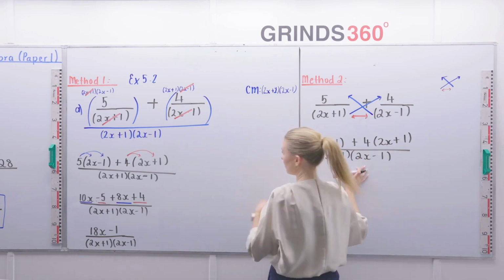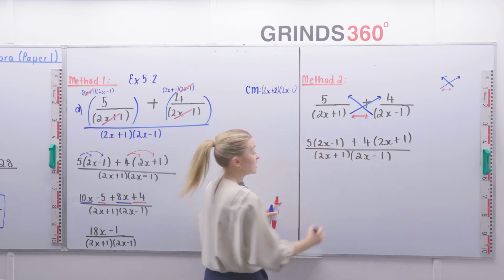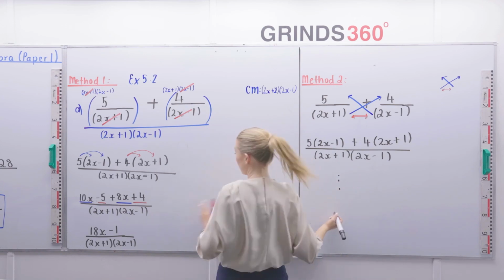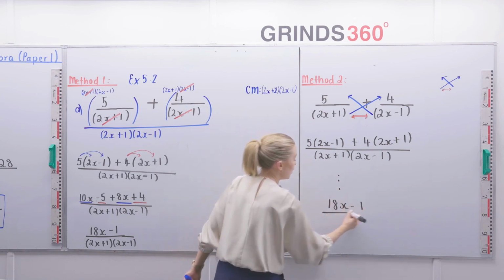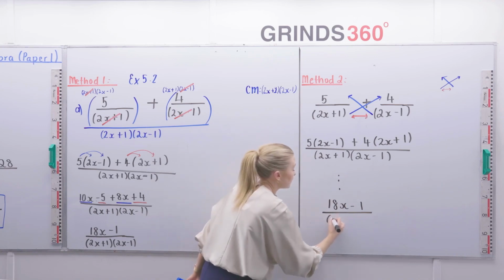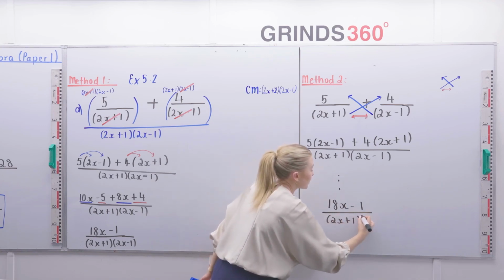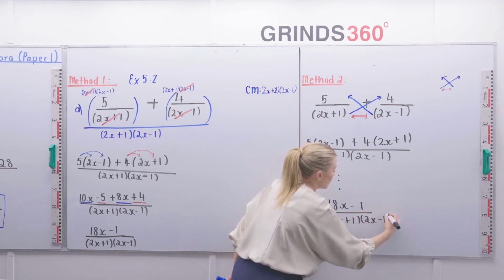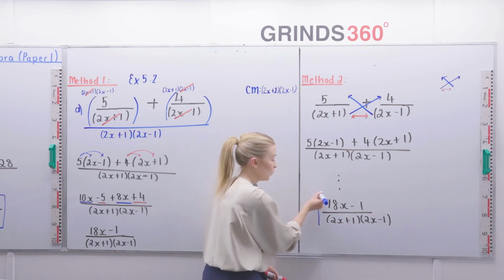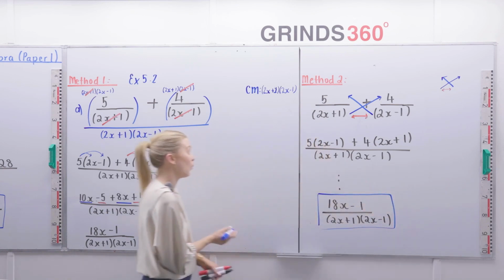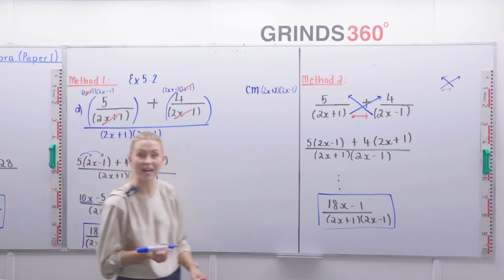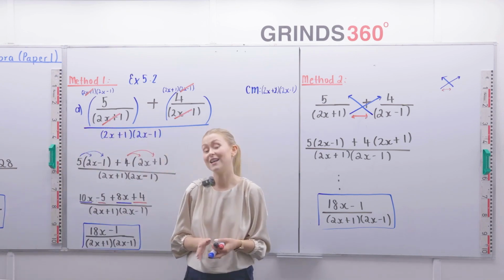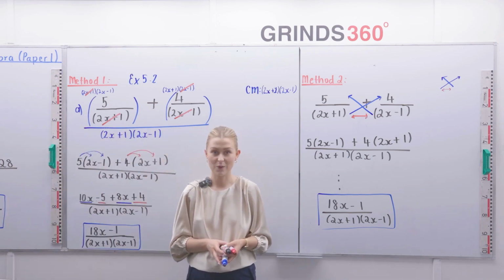Now you'll look here, you'll say, Tracy, they're identical. So we know this will work out the exact same, which is 18x minus 1 all over 2x plus 1, 2x minus 1. Both answers will be the same, no matter what way you think about it. And again, technically the exact same technique. Guys, that is simplifying algebraic expressions.